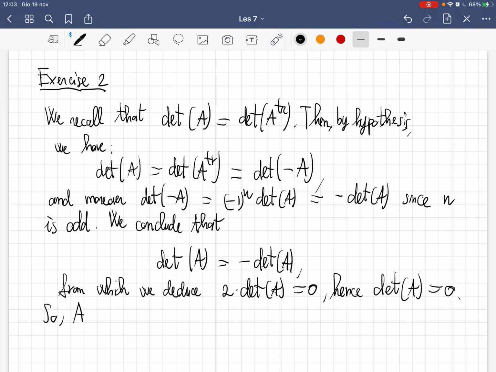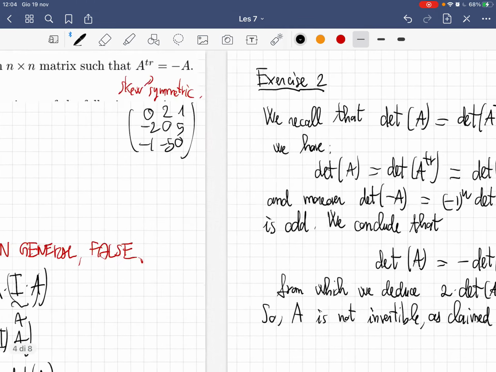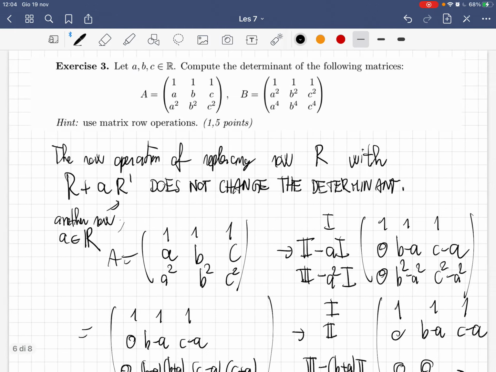So A is not invertible, as claimed. Okay, this is it. Well, probably the handwriting could be better, but yeah, the exercise is done. Okay, fine.